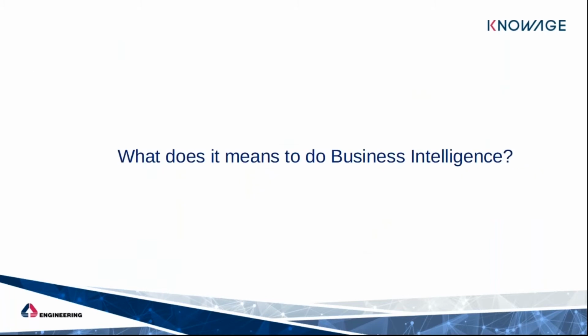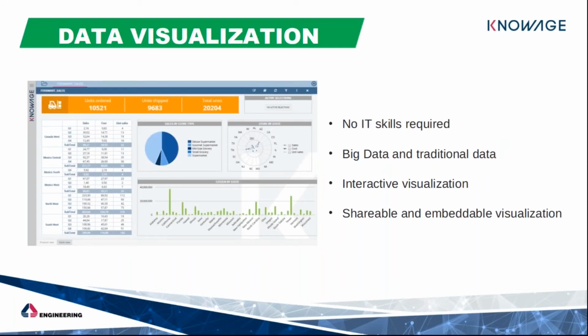What does it mean to do business intelligence in general? We have 3 levels of doing business intelligence. The first one, the basic one, means to do data visualization. At this level, we can think that no particular IT skills are required.